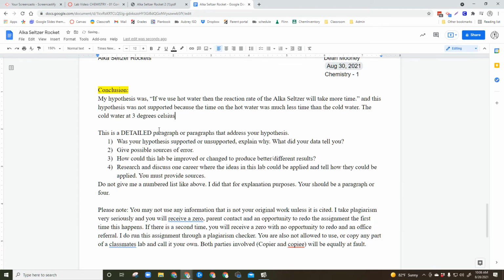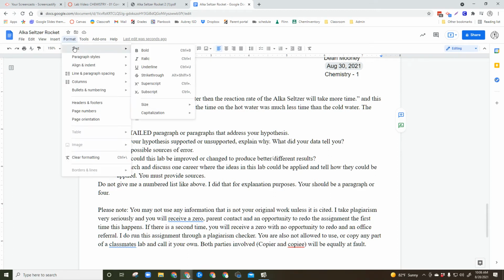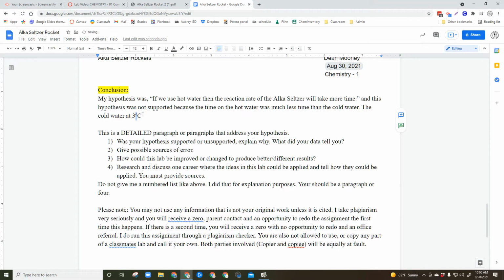Now I could have done this, 3 degrees Celsius, and then gone in and highlighted that and formatted my text to be superscript. So that's Control plus the period when I want a superscript. I can remember that keystroke, or I could just type out 3 degrees Celsius.